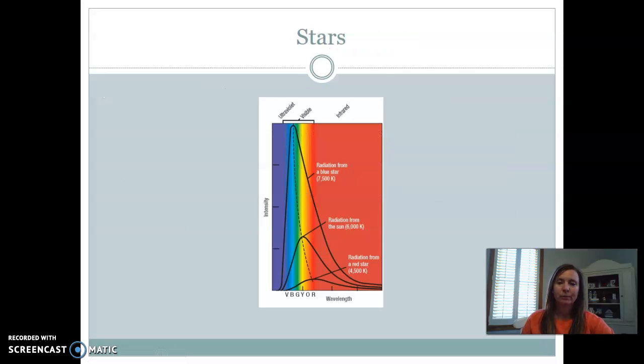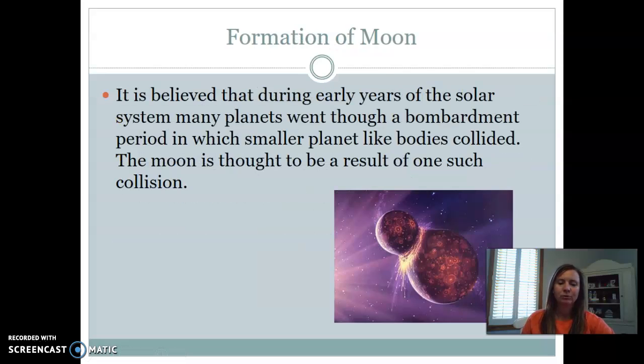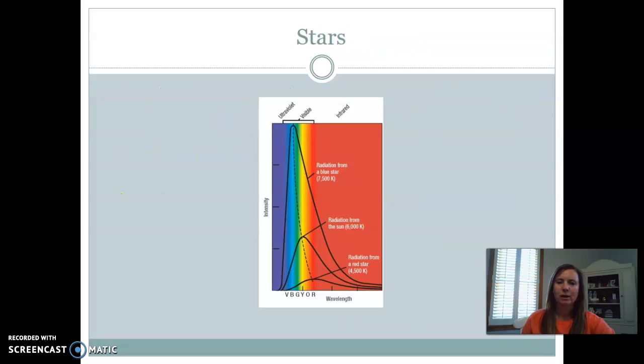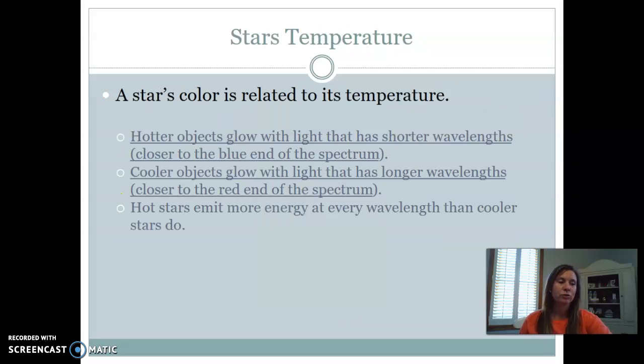Let me see if I have a picture. I don't. There is a star that you can see almost every night. It is in the constellation Orion. So if you go out tonight, if it's a clear enough night, look for 3 stars that are really close together, almost in a line shape.